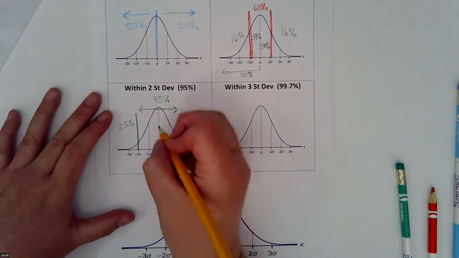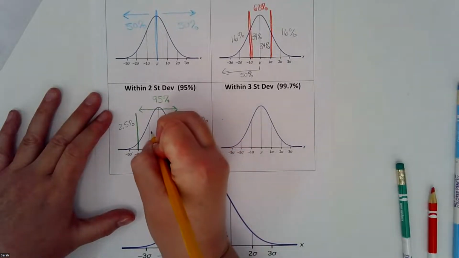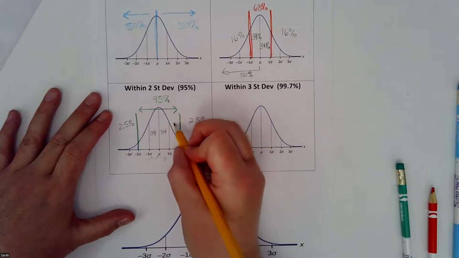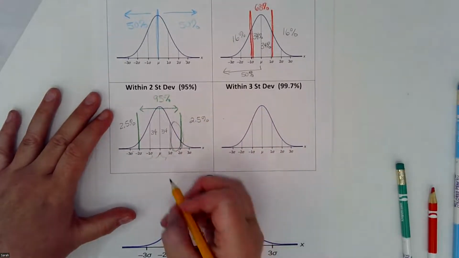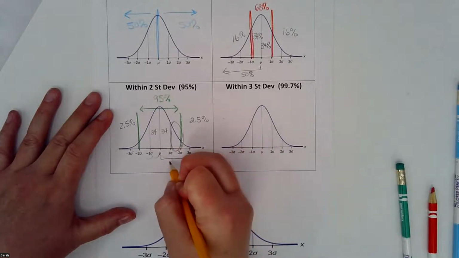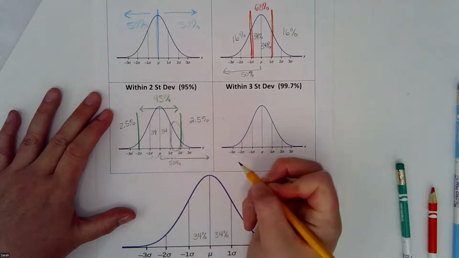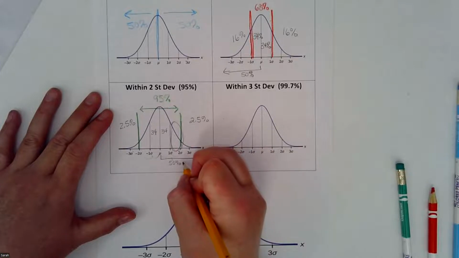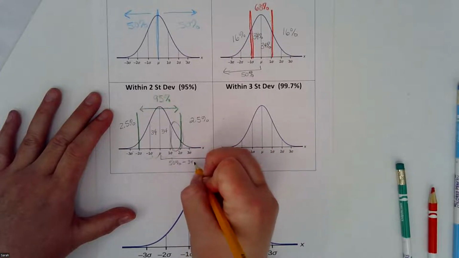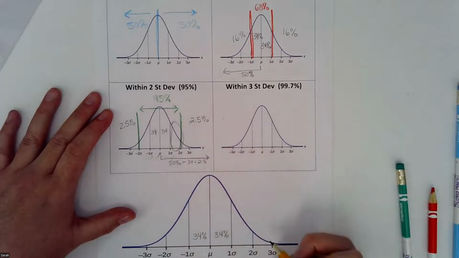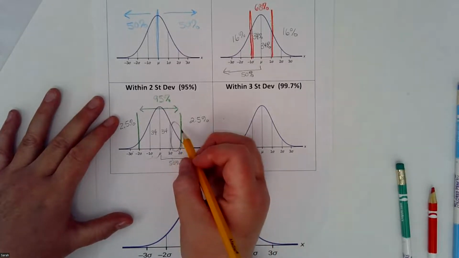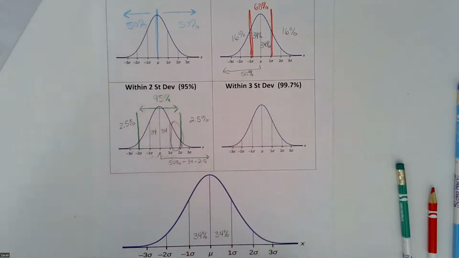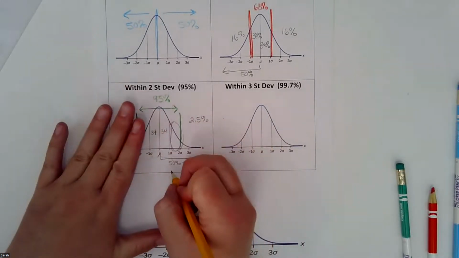And then we know that this is 34, and this one's 34, and now we can use that to find this piece here. So there's a couple different ways we could do that. So I know that this is 50%, and I could take 50% and subtract 34, and then subtract 2.5. Or I could take this 16% that's left here.